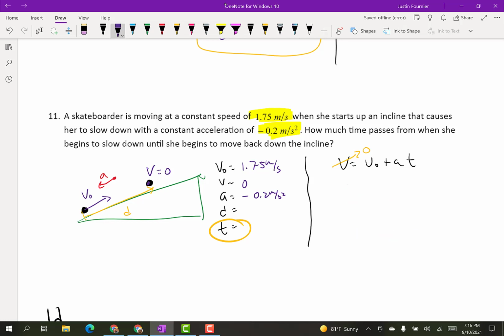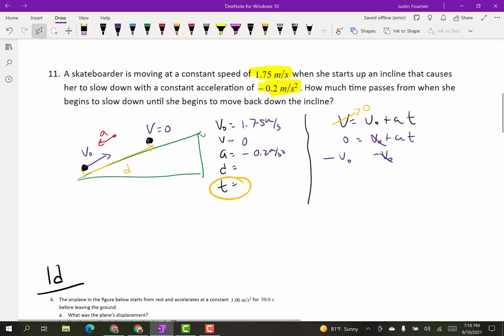So final velocity is 0, so this is 0 equals v naught plus at. Subtract v naught from both sides. Goes away on the right side, so I get negative v naught equals at. Lastly, divide both sides by a. That goes away, and I get negative v naught over a is equal to the time.